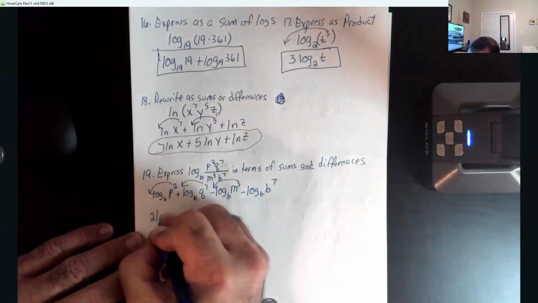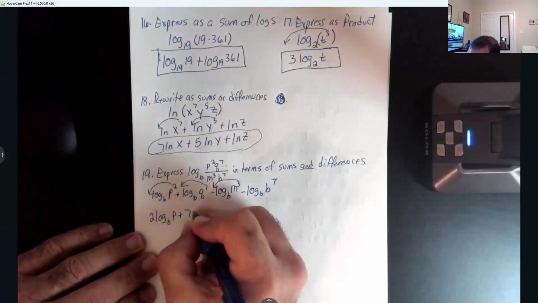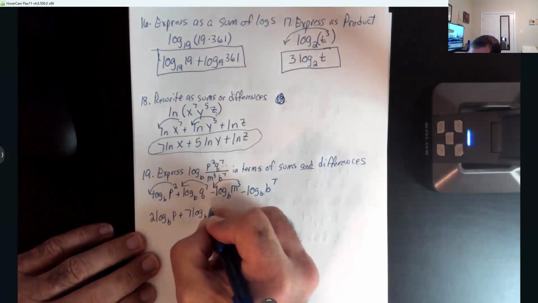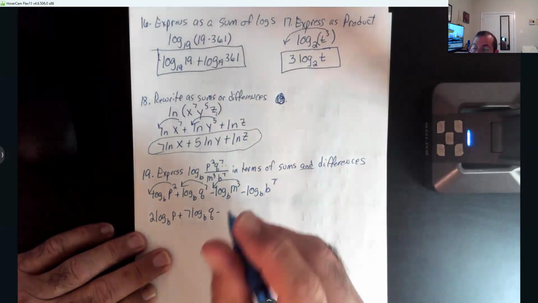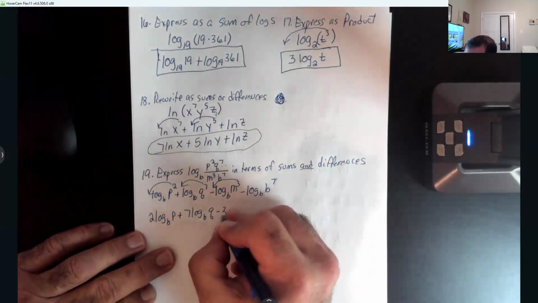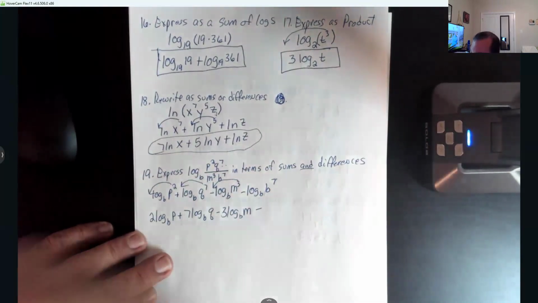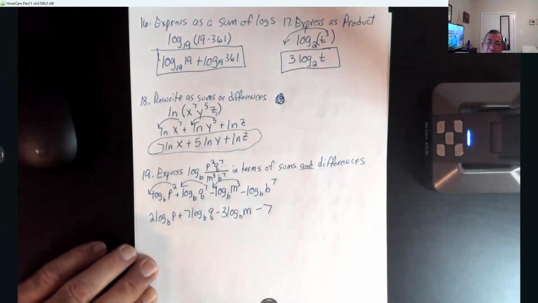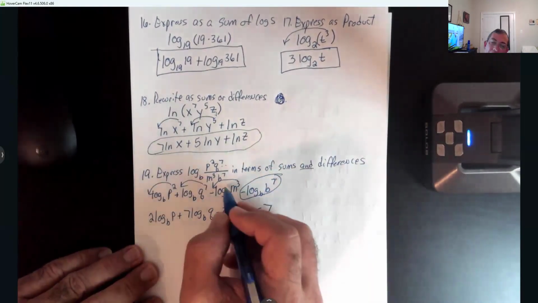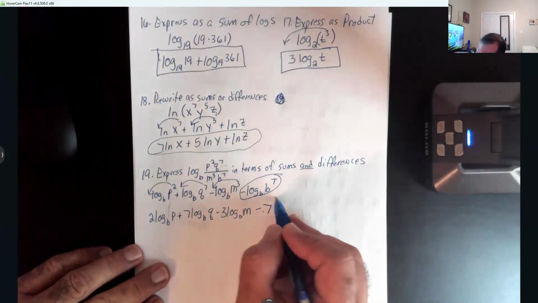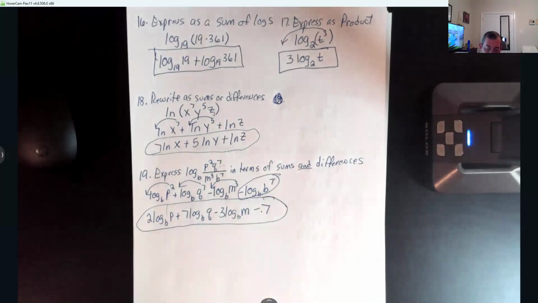So you get 2 log B of P plus 7 log B of Q. All right, then you got me going. What you got next? Minus 3 log B of M. And then minus, good job, 7 at the end. So you got to simplify this to a 7. You got to bring the exponents down for them to give you the right answer on that one, okay?